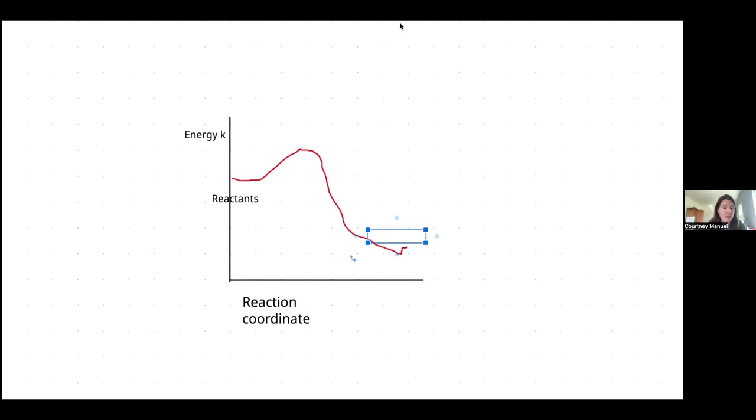If we had the numbers on here, which I don't, we'd measure from here to here, whatever that distance is, and that would be our delta H. So if this is at 100 and this is down here at 25, our delta H would be negative 75, because it is indeed exothermic, so it would be negative.